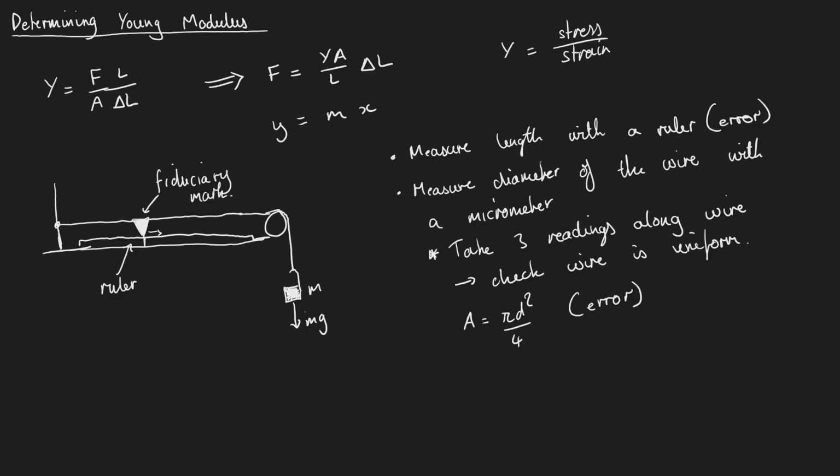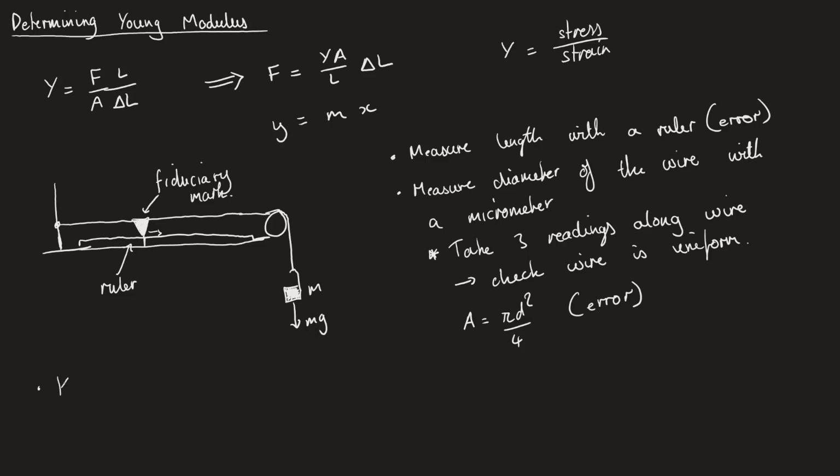We're then going to keep adding masses. In most cases, I would say take at least 6 readings. Definitely take at least 6, but I would say in the case of this Young modulus, to try and get a good curve, you probably want to take a lot more readings than that. So I would say take as many readings as you can in the time that you have.